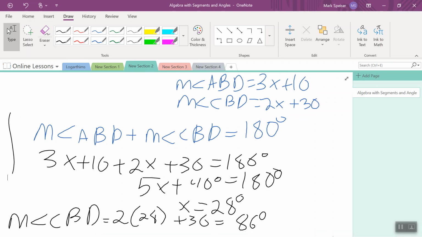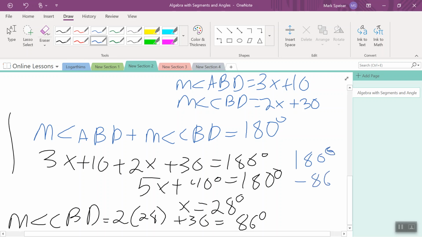You substitute in the second equation. Or, since their total is 180, you do a little subtraction. You got one angle right, 180 degrees minus 86 degrees, and you get 94 degrees.